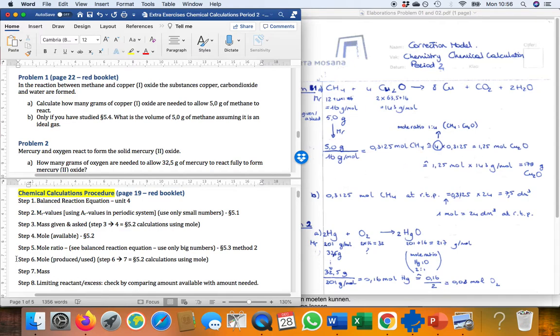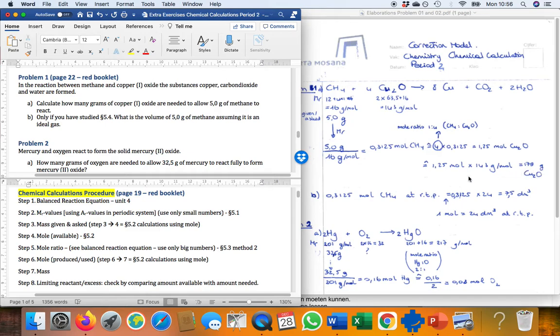And then step 6 is I need to go from the mole used to the mass. I calculate the mass of the product used by multiplying mole times gram per mole in order to calculate the grams.